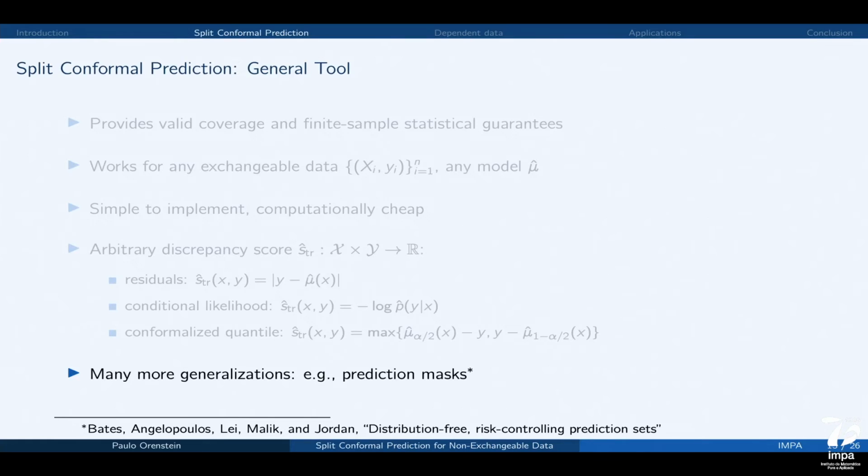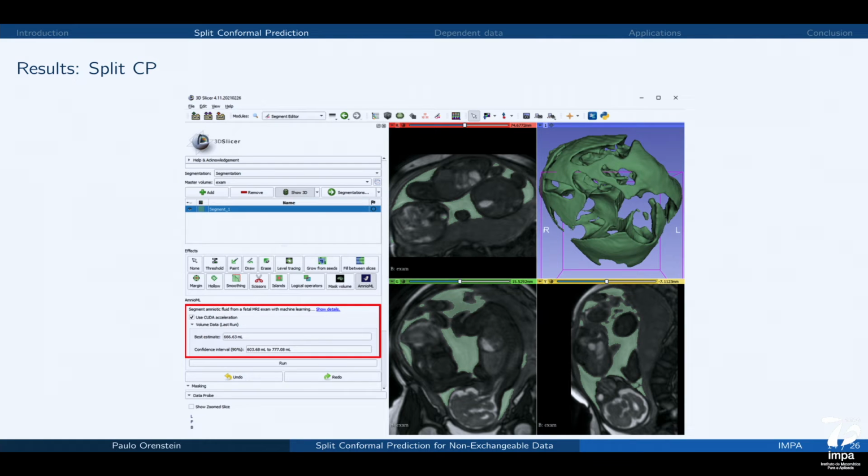Once that's done, we can go back to our friends, the doctors. And what we did, in fact, was to write a computer interface for them to just load in an MRI exam, a fetal MRI, press a button, and get our estimate for the amniotic fluid, which is here on the right. And what they also get is, in this red box here, our best estimate for the amount of fluid there is, and a predictive interval.